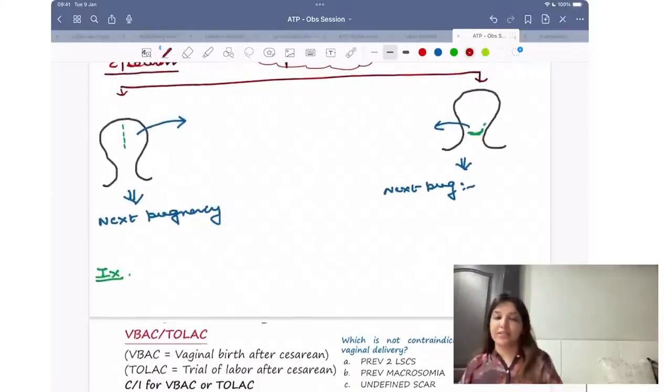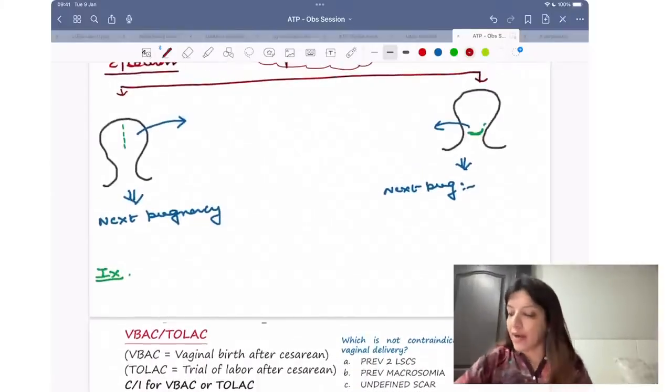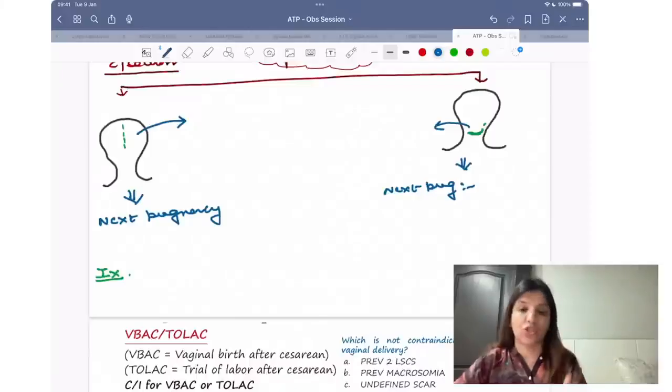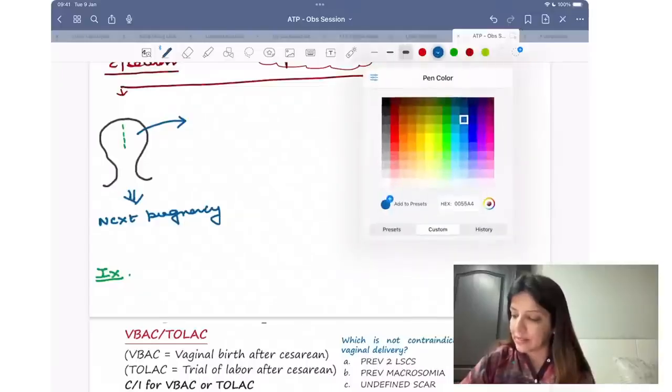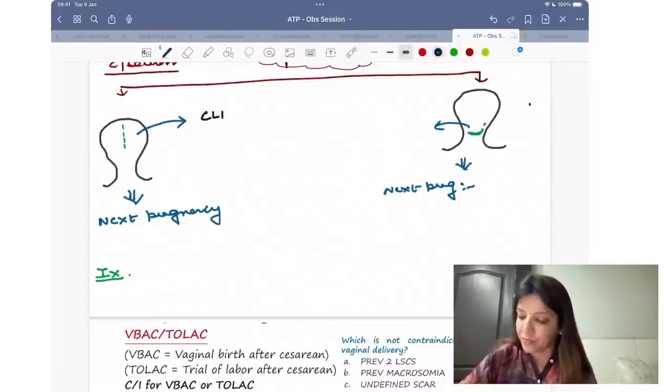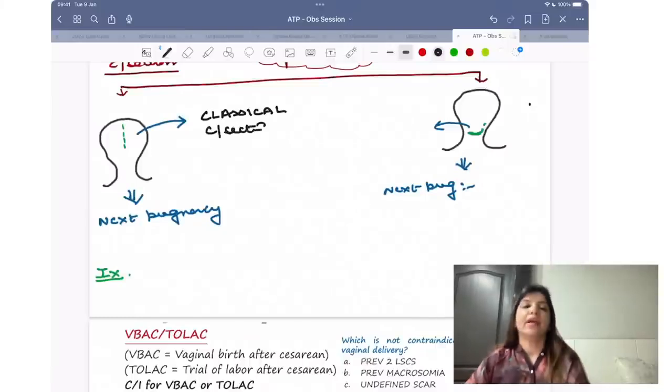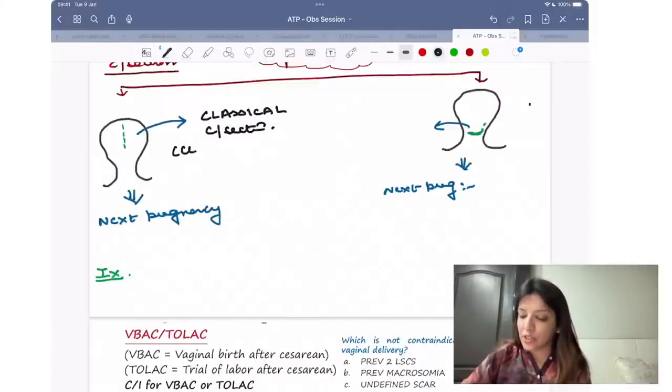Now, whenever I am doing cesarean section, and I give an incision on the upper uterine segment, that is called classical cesarean section. In classical cesarean section, the chances of rupture are high.